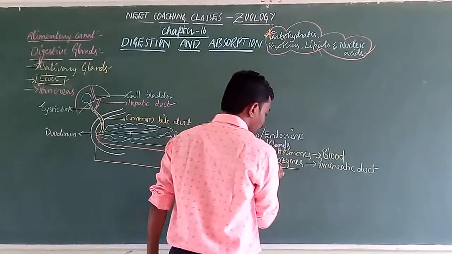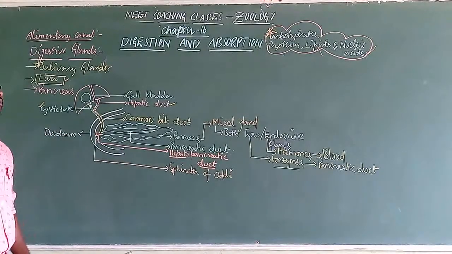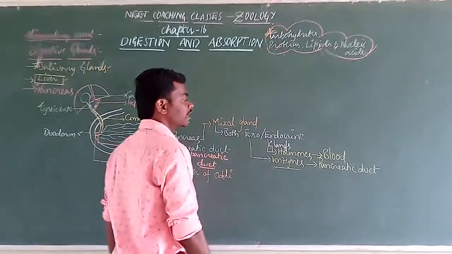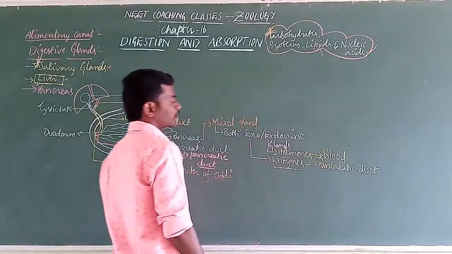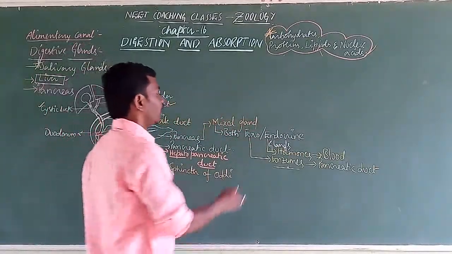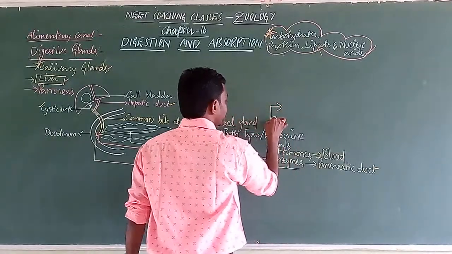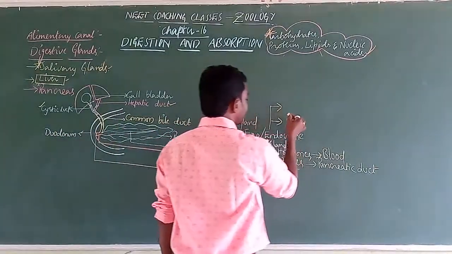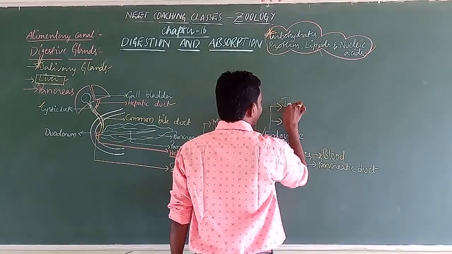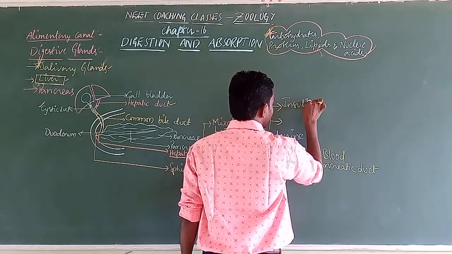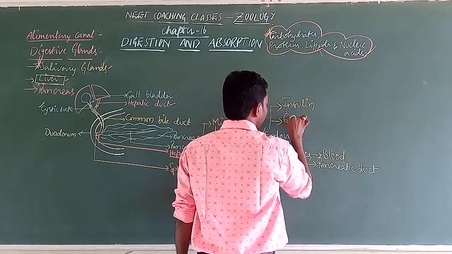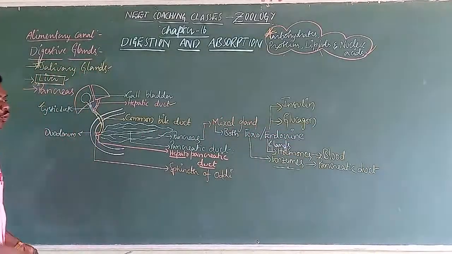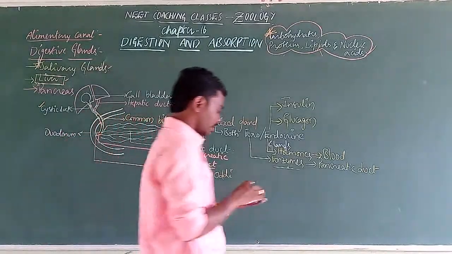The role of these enzymes will be discussed in the digestion of food, where we will discuss the different types of enzymes. And here, what are the hormones produced by the pancreas? In the previous session we discussed that it produces two hormones: one is insulin, and another is glucagon. What is the role of these pancreatic hormones?